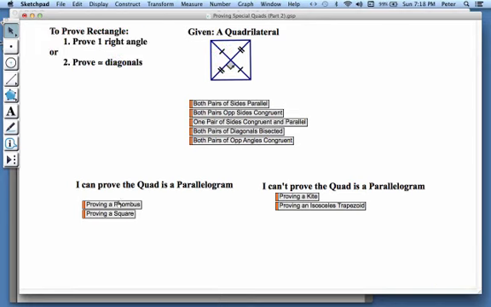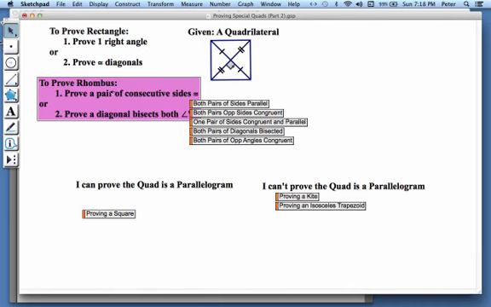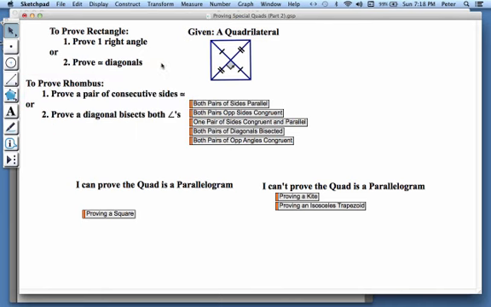All right, so that's out, but maybe I can still prove that the figure is a rhombus. Well, in order to show that the figure is a rhombus, I have to prove one pair of consecutive sides congruent. And I'm not given anything about the sides. So what do I do? Well, the fact that all of these are right angles here in the middle means that I have four congruent triangles made up by the bisected diagonals.